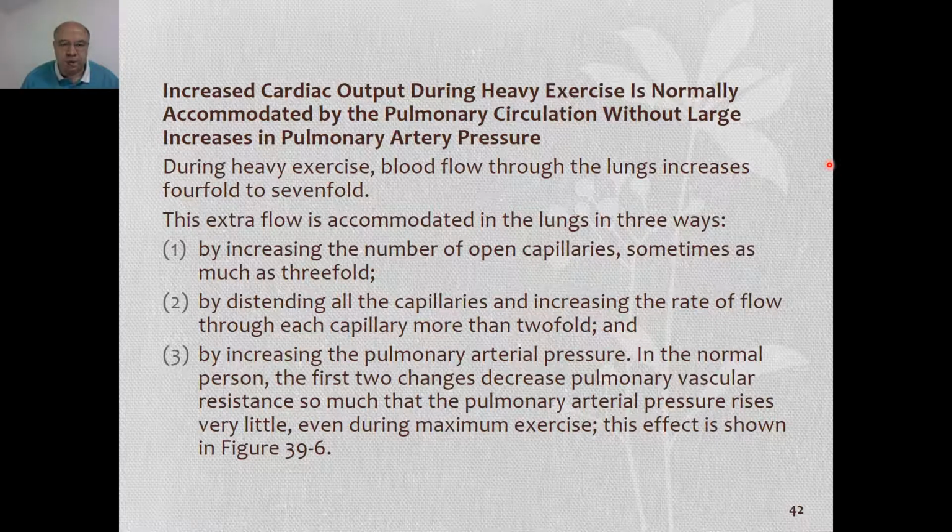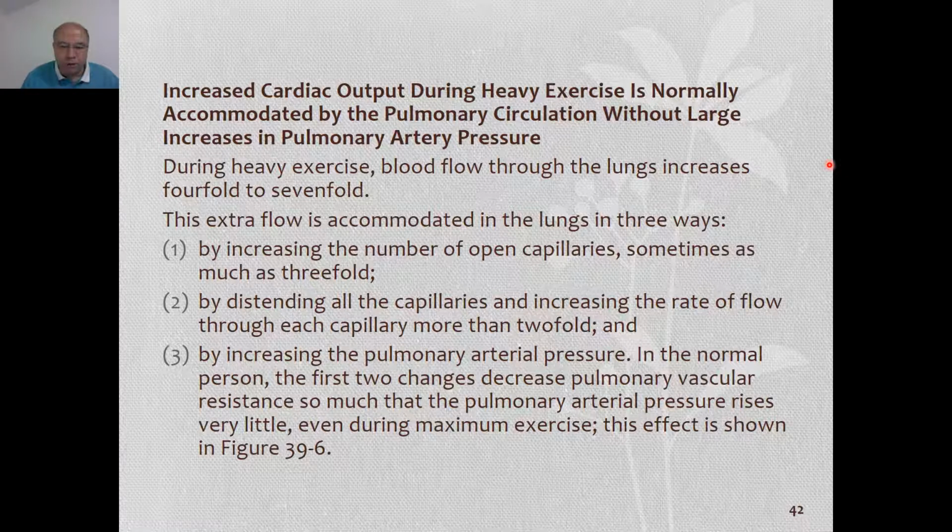This extra flow is accommodated in the lungs in 3 ways. First, by increasing the number of open capillaries, sometimes as much as threefold. Second, by distending all the capillaries and increasing the rate of flow through each capillary more than 2 times. And third, by increasing the pulmonary arterial pressure.